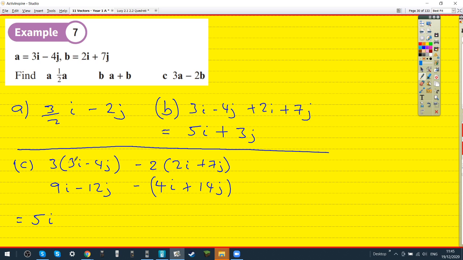So this top one up here, expand these brackets, what do you get? You get 9i minus 12j. And then expanding the second one, it would be minus 4i minus 14j. And so simplify. That would become 5i.